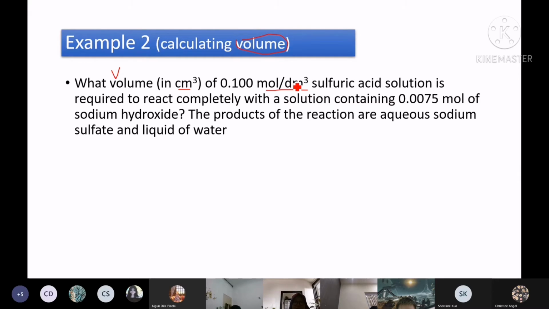Sulfuric acid, H2SO4, with concentration in mole over dm cube, reacts completely with a solution containing sodium hydroxide, NaOH. The product of the reaction is sodium sulfate, Na2SO4, and water, H2O.